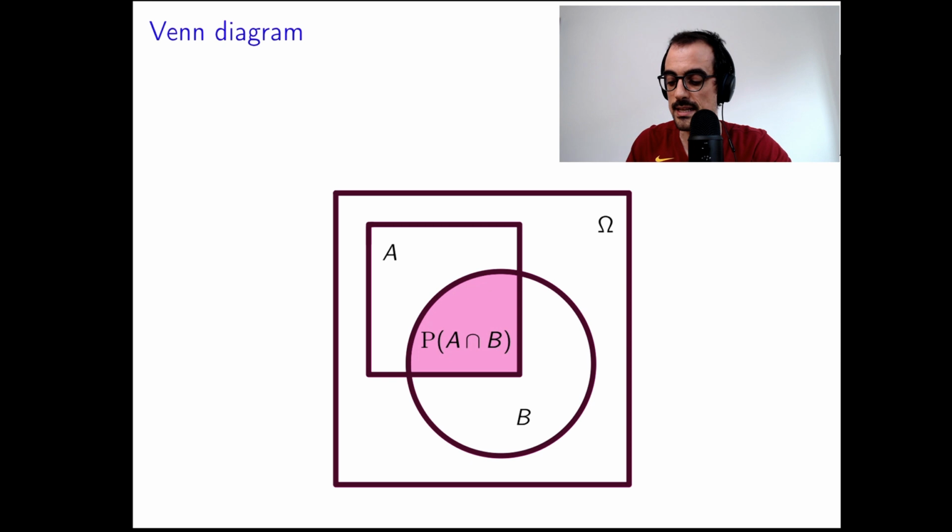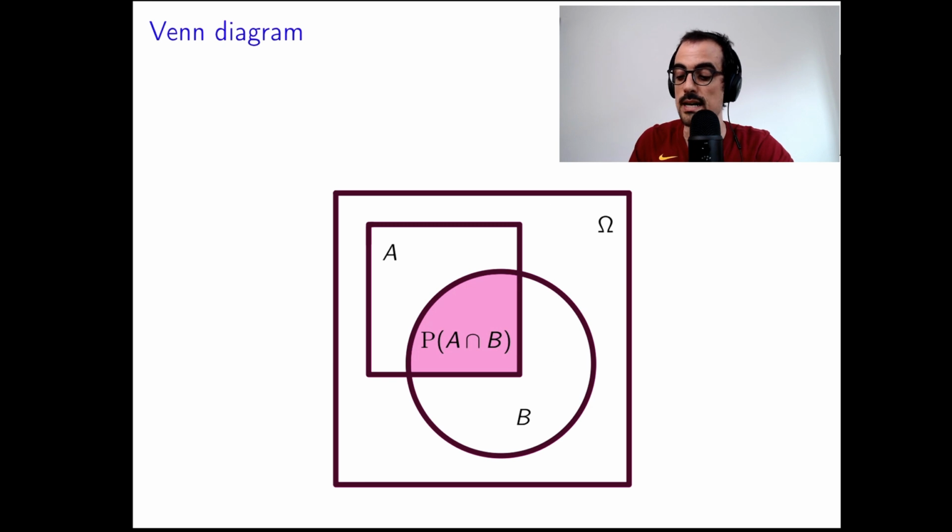And we represent different events through regions that enclose outcomes. So here we would imagine that the outcomes are here. These are the outcomes in A that are not in B. These are the outcomes in B that are not in A. And these are the outcomes in both A and B. So as you can see, it is very natural to visualize the intersection in this way.